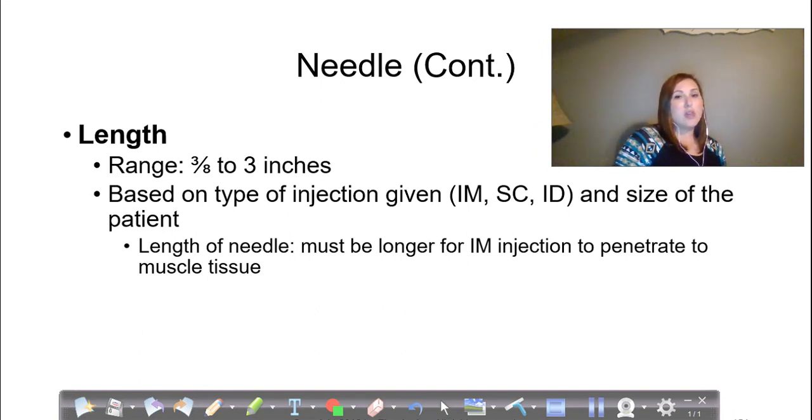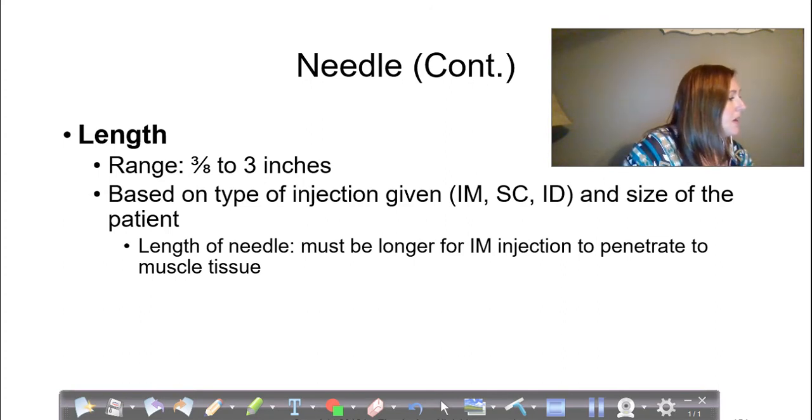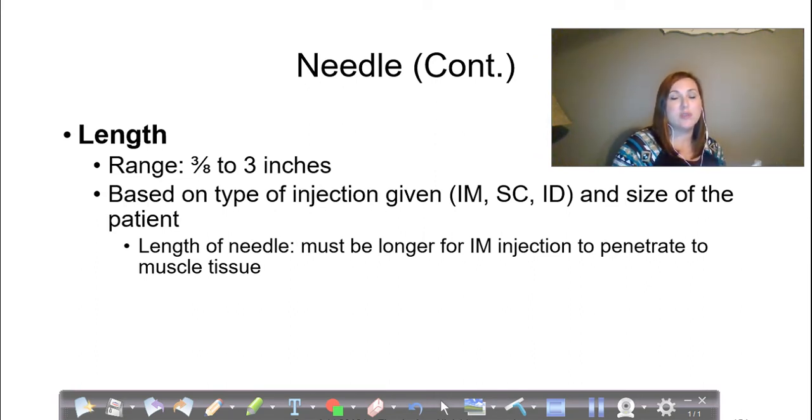So I don't think in adult patients you would, unless you have a really small elderly female or male patient, you really aren't going to use probably less than a 1-inch needle in length, and you can see that in your book. 1.5 inch is probably most often what you're going to use to give in the buttock, in that dorsal gluteal site. So length of the needle is going to be important.